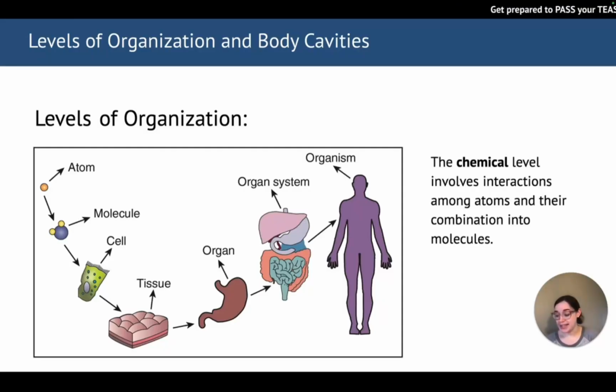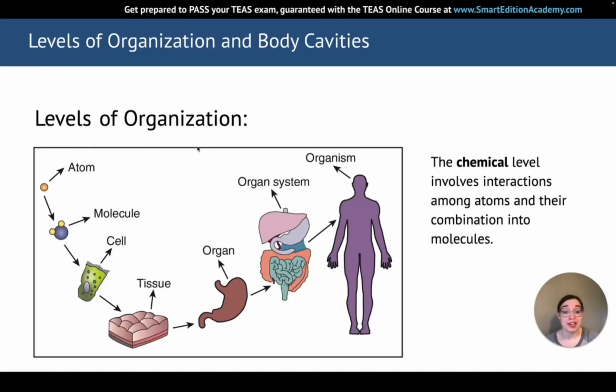So atoms, like I said, are the smallest unit of matter with all the characteristics of an element. And so that's why this represents the smallest level of structural organization, the interaction among atoms and their combination into molecules. So you can see that illustrated in the first part of this picture here. That's the chemical level.